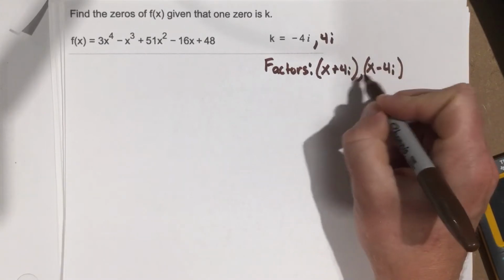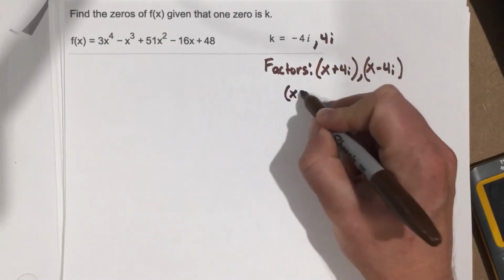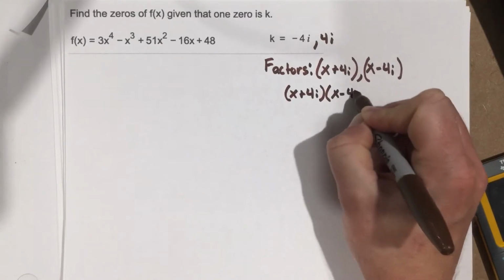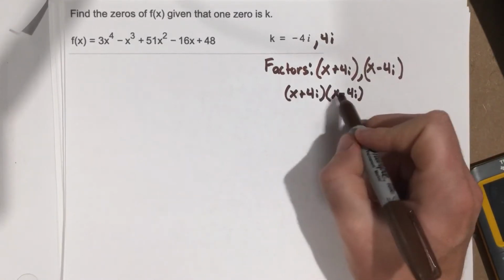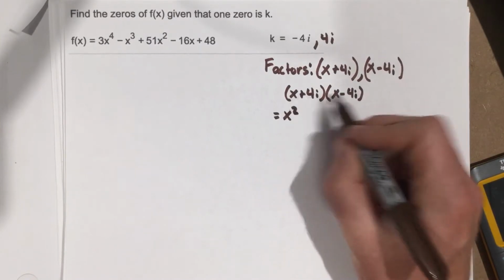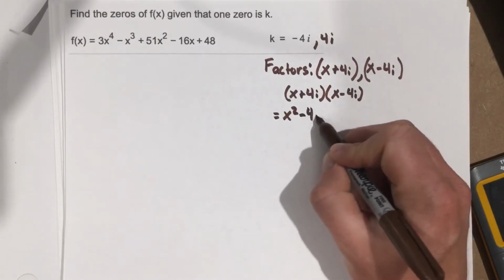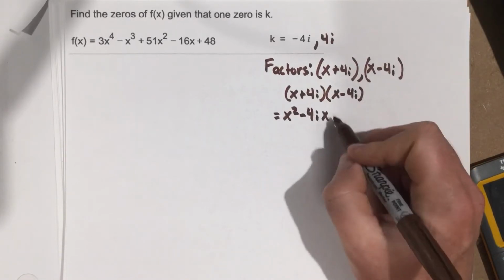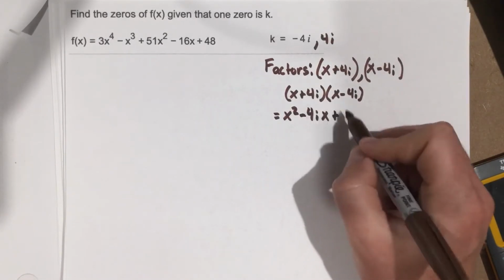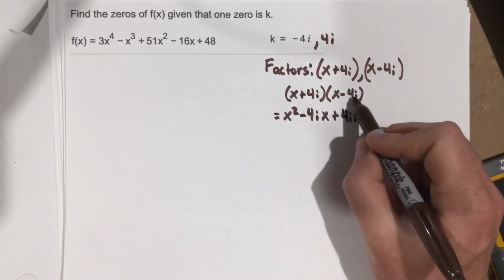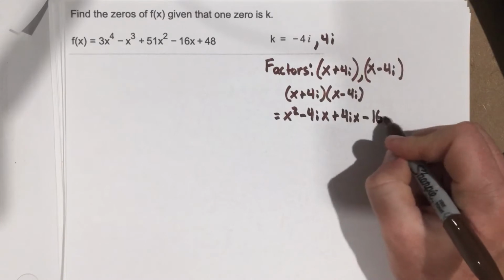So let's multiply these together. We'd get x plus 4i times x minus 4i. That's x squared minus 4ix, x times 4i, or negative 4i, plus 4ix, and then 4i times negative 4i is minus 16i squared.